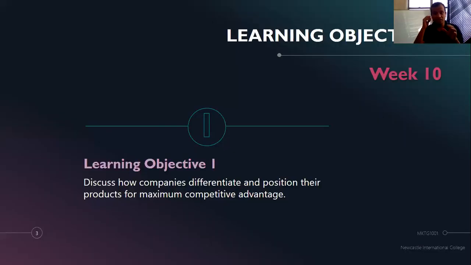But today's lesson is all about how companies differentiate and position their products for maximum competitive advantage. Positioning or differentiation of their offerings could be in terms of goods, services, and the other things which can be marketed by the marketer.